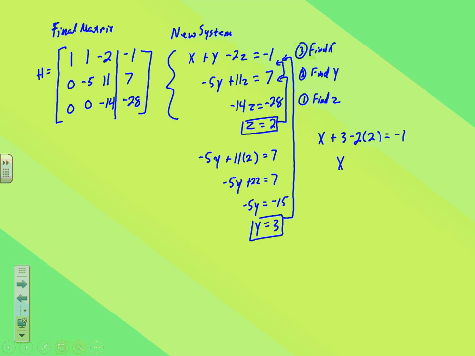So that'll give me x, -2 times +2 is a -4. And combine the like terms on the left side, so x minus 1 equals -1. Move the 1 over through addition, and in this case, x is 0. So my final solution as an ordered triple will be 0, 3, and 2.